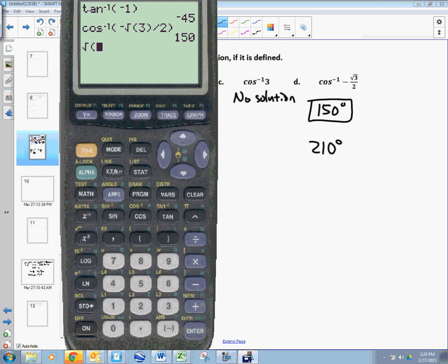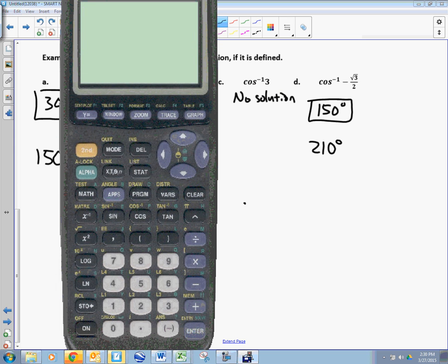It's kind of like this. What number do you square to get 4? 2, but your calculator only gives you the positive one. We're talking about the principal root. So it's kind of the same idea here. Your calculator can only come up with one of them, because that's what it means to be a function.